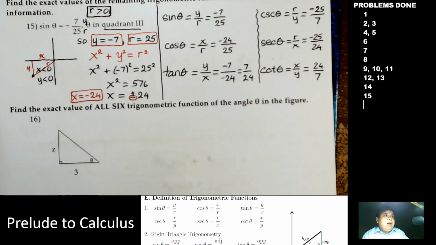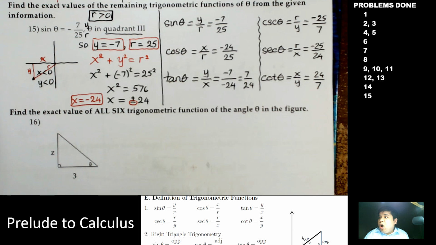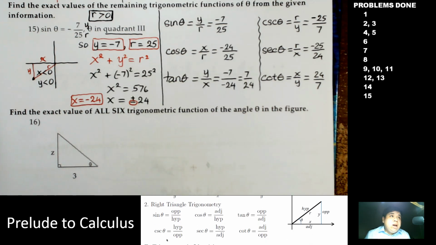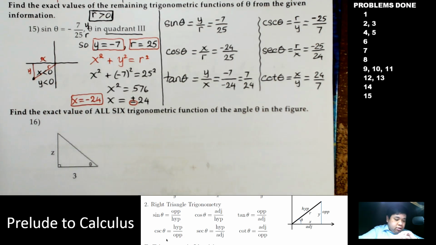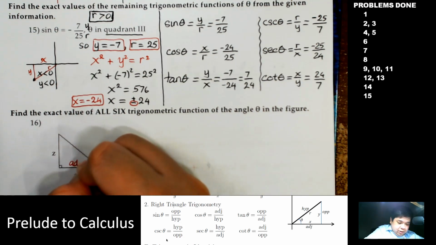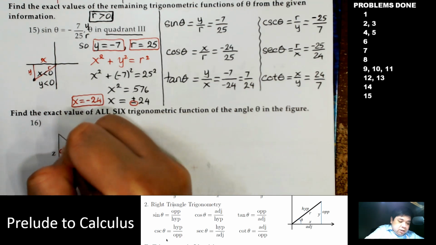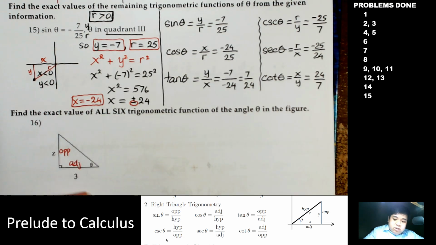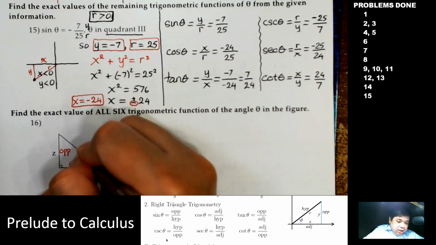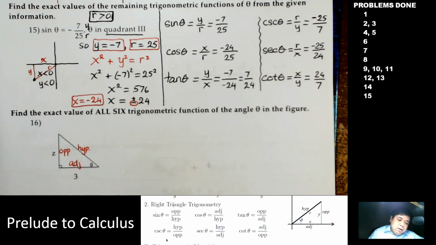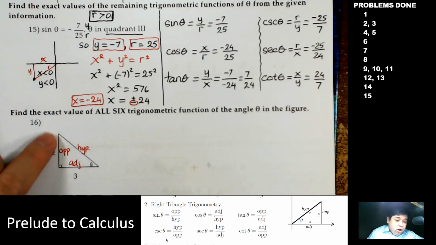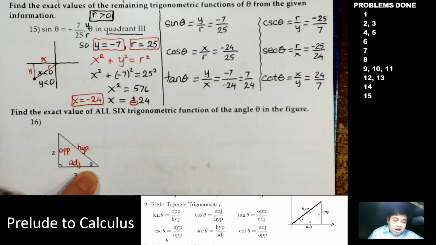Right. Next, we define trigonometric functions based on a right triangle. So we have a right triangle here. This is adjacent to the angle, and this is opposite to the angle, and the longest side is the hypotenuse. Right. However, we do not have the size of the hypotenuse.